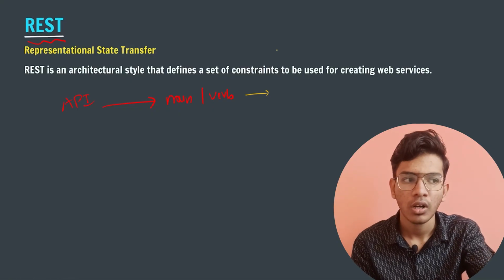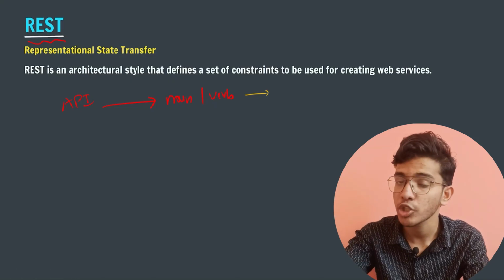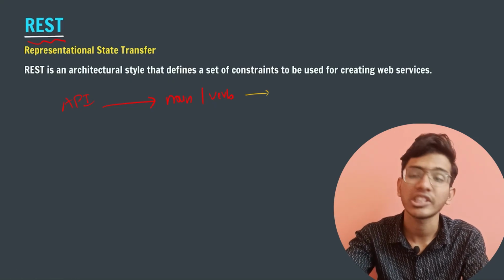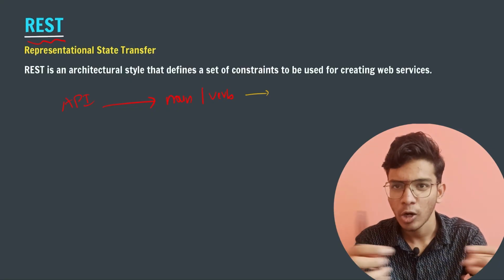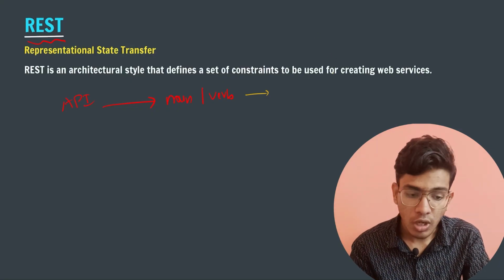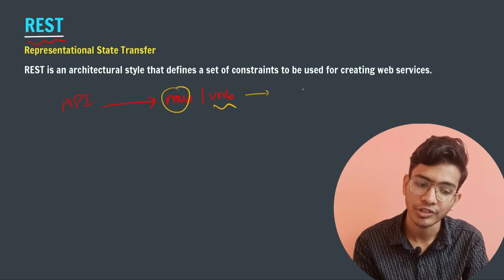One route will check how much water you have drunk. One route will check how much sleep you got. So all these things are different routes, different URLs. So you should always create your APIs using nouns, not verbs.